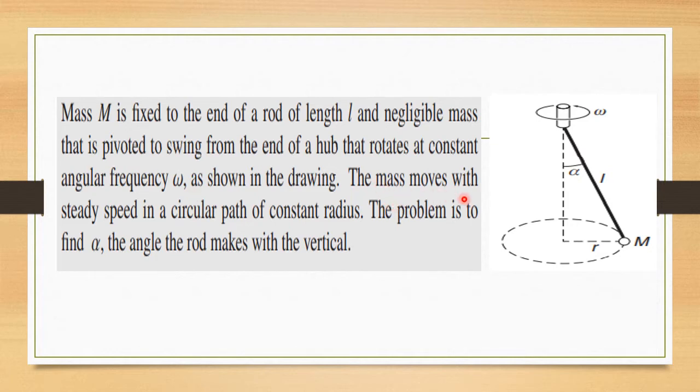The mass is moving with a steady speed in a circular path of constant radius. The question is to find alpha, the angle the rod makes with the vertical. So we have to find the relation between alpha and the angular frequency of rotation.